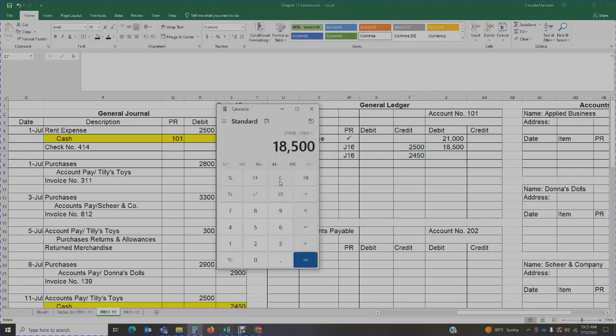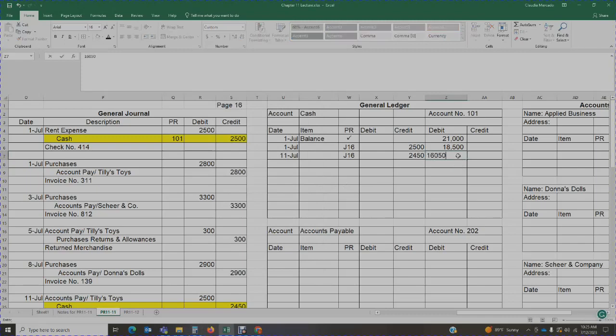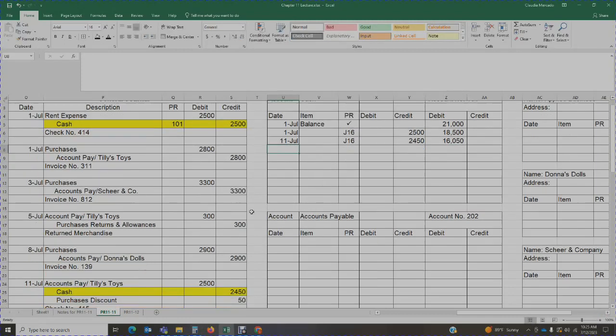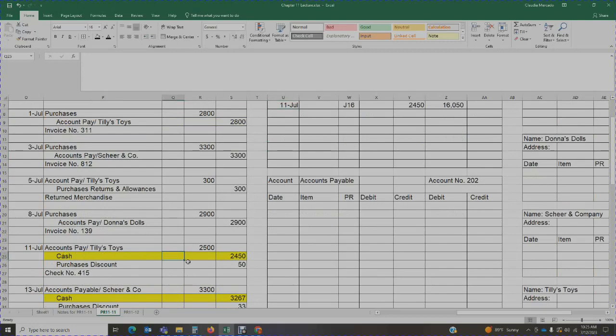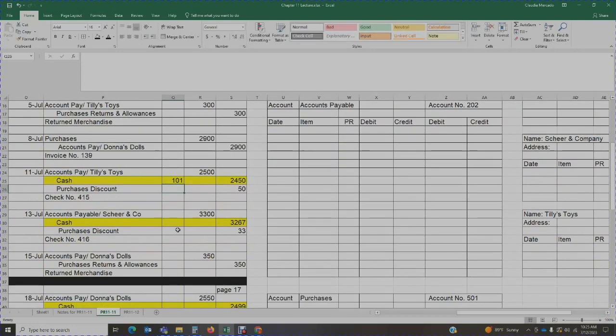So I'm going to take 18,500 minus 2450. Now I only have cash of 16,050. Now that I've recorded that entry, I can go back and put a 101 there. That means I've recorded it in my ledger.